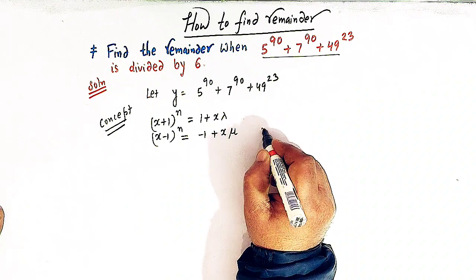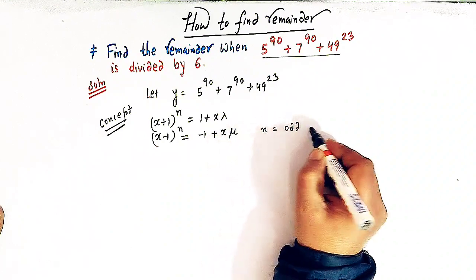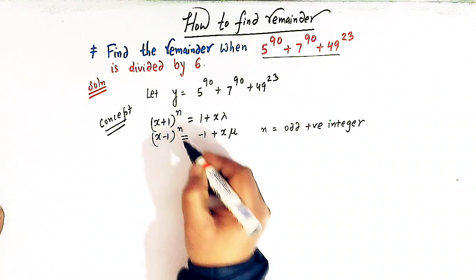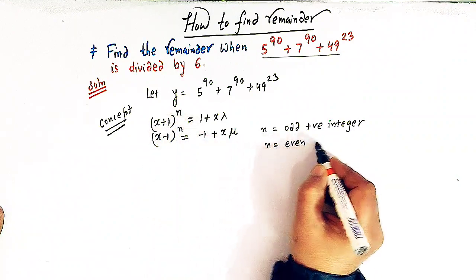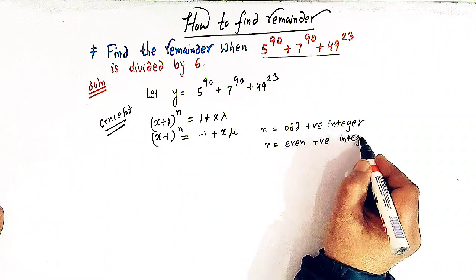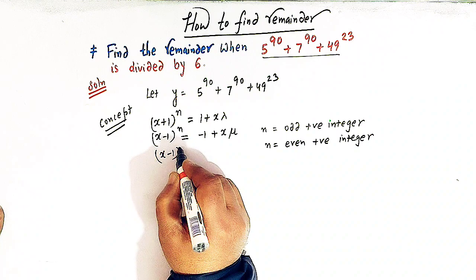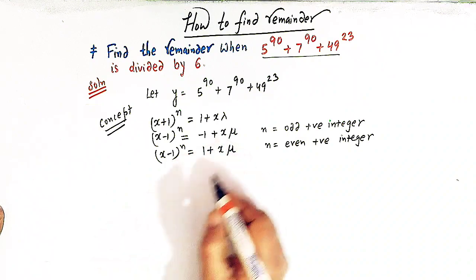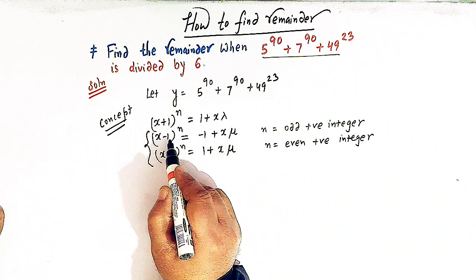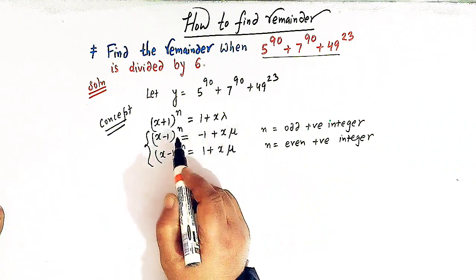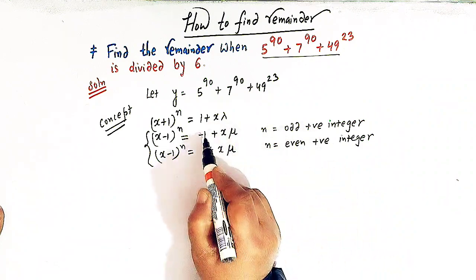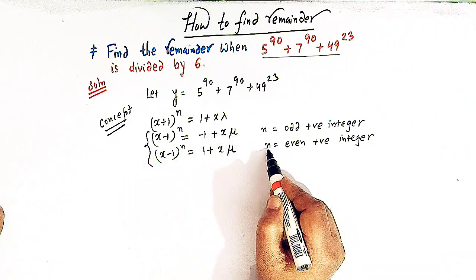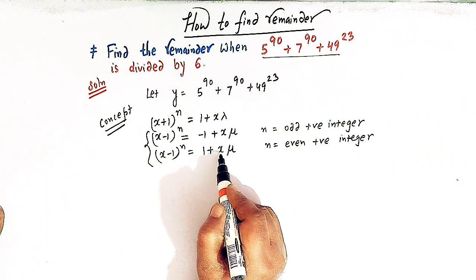And when n is an even positive integer, we can write x minus 1 raised to n as 1 plus x times mu.